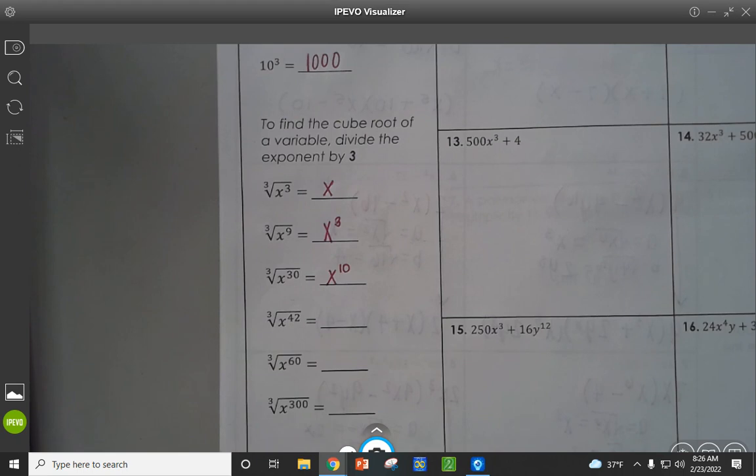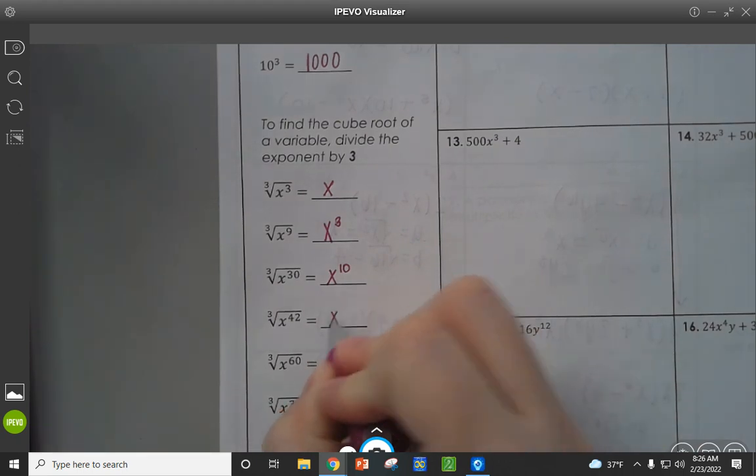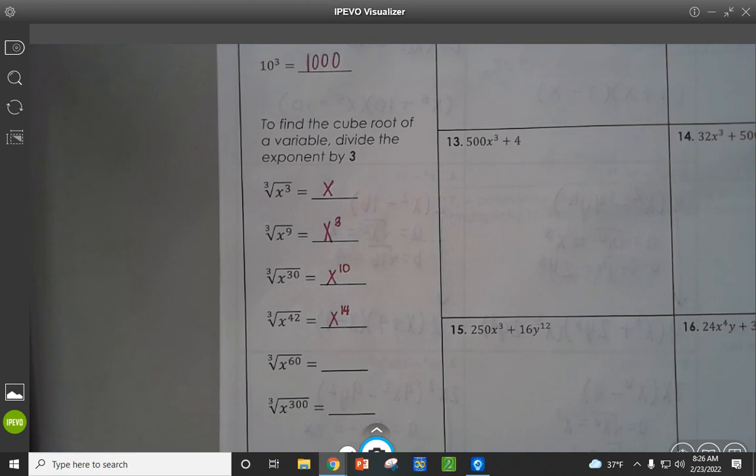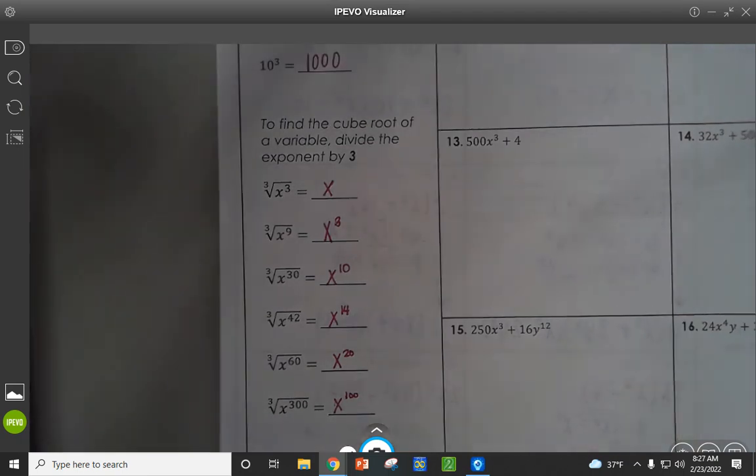What about x to the 42nd? X to the 14th. X to the 60th. X to the 20th. And x to the 300th would be x to the 100th power. So divide it by 3.